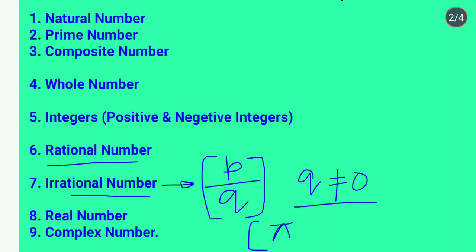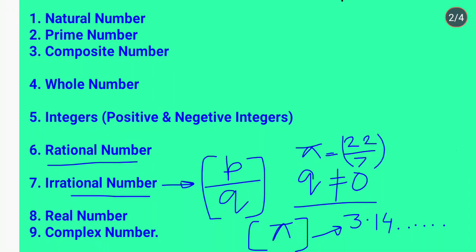Pi is an irrational number because pi is a non-recurring, non-terminating decimal number which has approximate value like 3.14 and so on, or you can say that pi is approximately 22 by 7. This you will learn in detail in further classes.